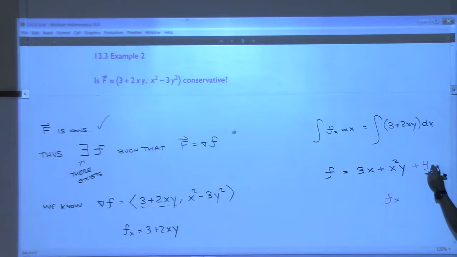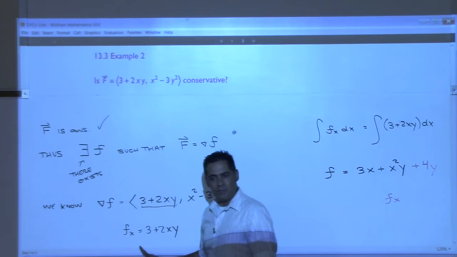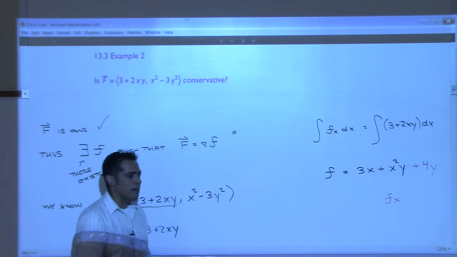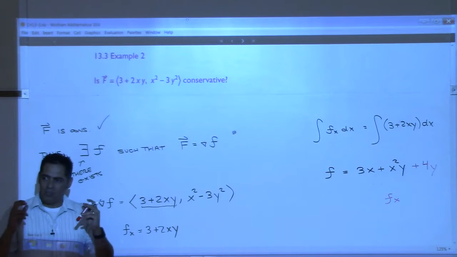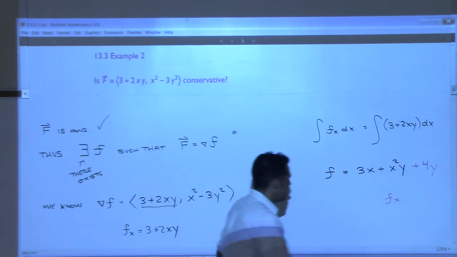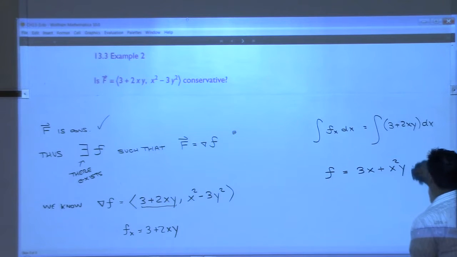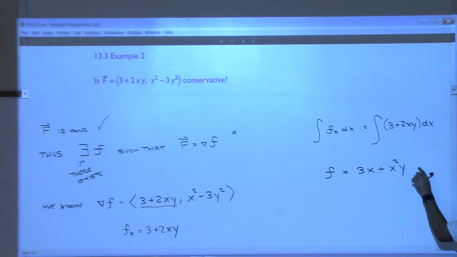But what if it was 4y? It would still be this, wouldn't it? Because I'm treating y like a constant. So this idea of partial integration says that when you get to the step where you want to say plus c, it's actually any constant, but it could also have y's in it.